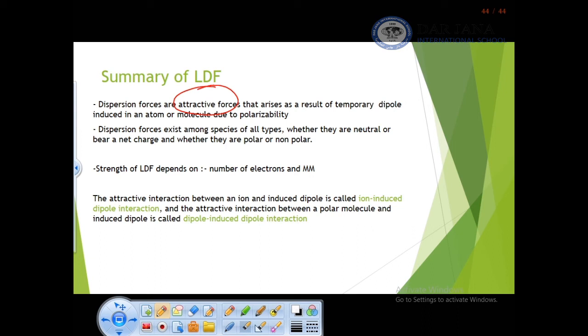Dispersion forces exist among species of all types, whether they are neutral or charged, whether they are polar or nonpolar. The strength of LDF depends on the number of electrons and the molar mass. The attractive interaction between an ion and induced dipole is called ion-induced dipole interaction, and the attractive interaction between a polar molecule and induced dipole is called dipole-induced dipole interaction.